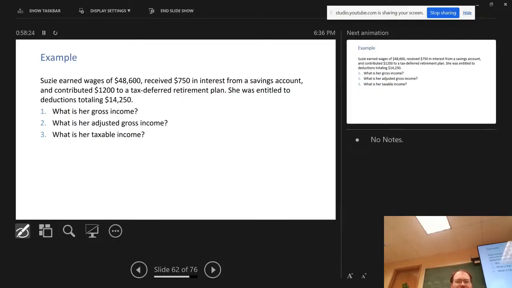So gross income would be the $48,600 plus the $750 in interest. Is it $49,350? Yep, $49,350.